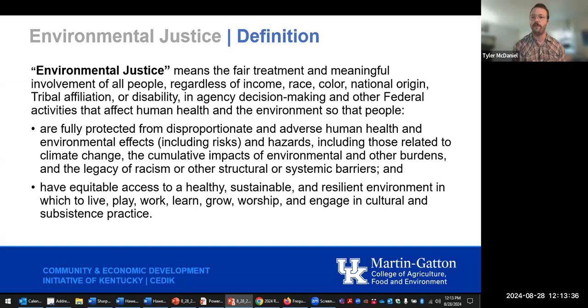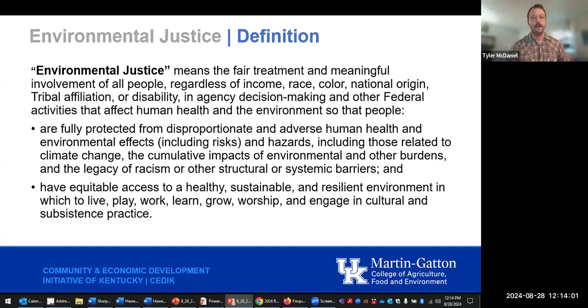That touches on all the different pieces of it: fair treatment, meaningful involvement of all people. That dovetails with a lot of different things regarding race, income, national origin, tribal affiliation, ability. And some of that also gets into what we call the social determinants of health, which we'll get into a little bit more as we move forward in our definitions.